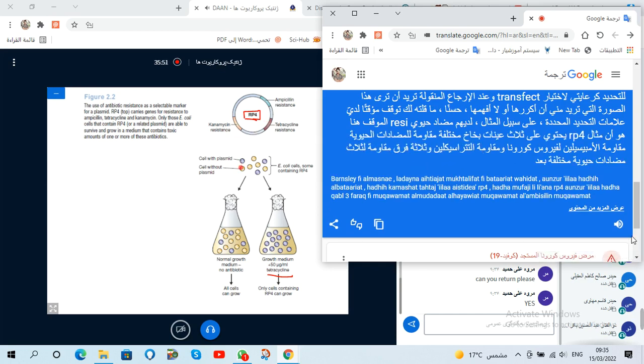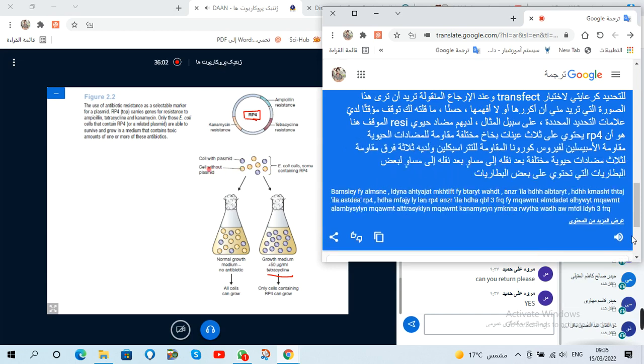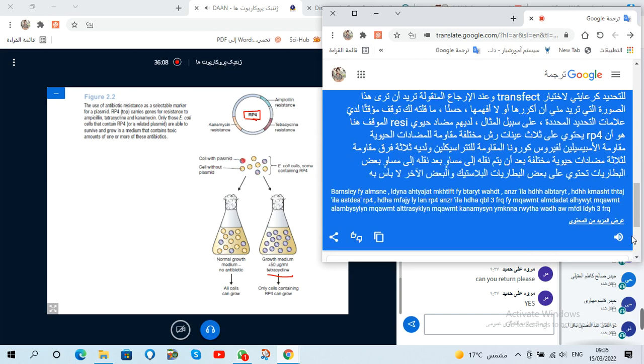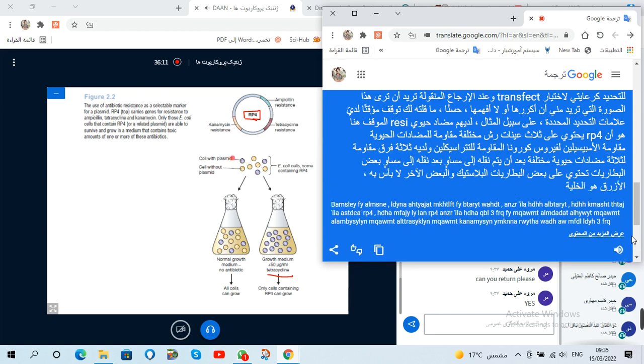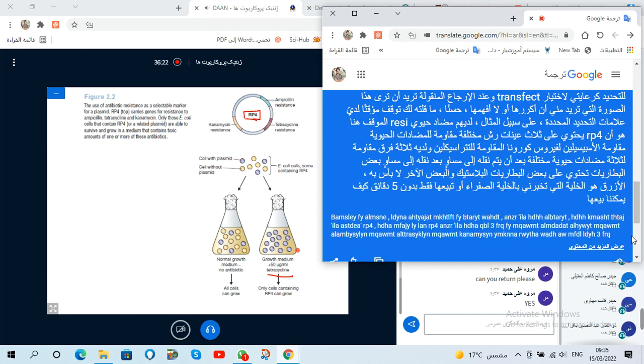After we transfer it to E. coli, some of the bacteria have the plasmids and some don't. Okay, the blue one is the cell with plasmid. The yellow one are the cells with no plasmids. How can we select the bacteria who have the tetracycline resistance?